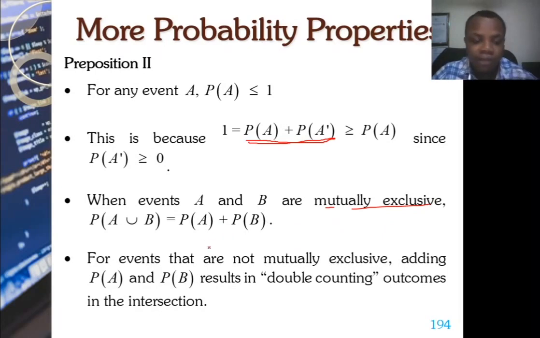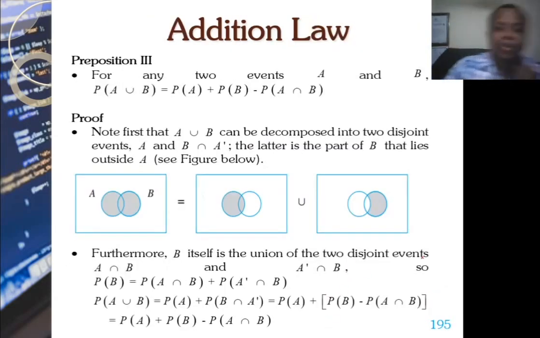So let's see why we have to take away this probability of the intersection of A and B. For any events that are not mutually exclusive, adding the probability of A and probability of B results in double counting, as I explained earlier. Okay, so that brings us to proposition 3, that deals with addition of events.